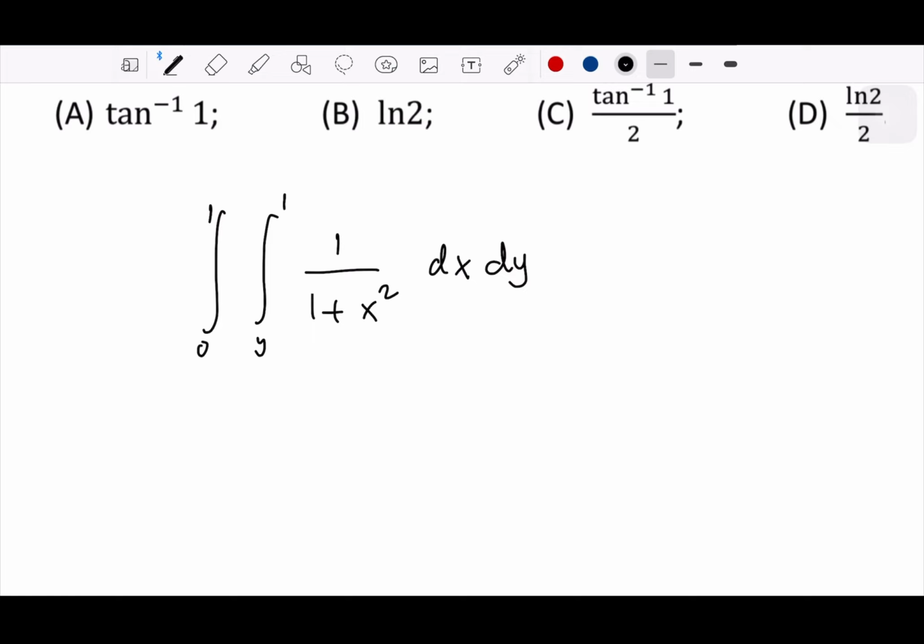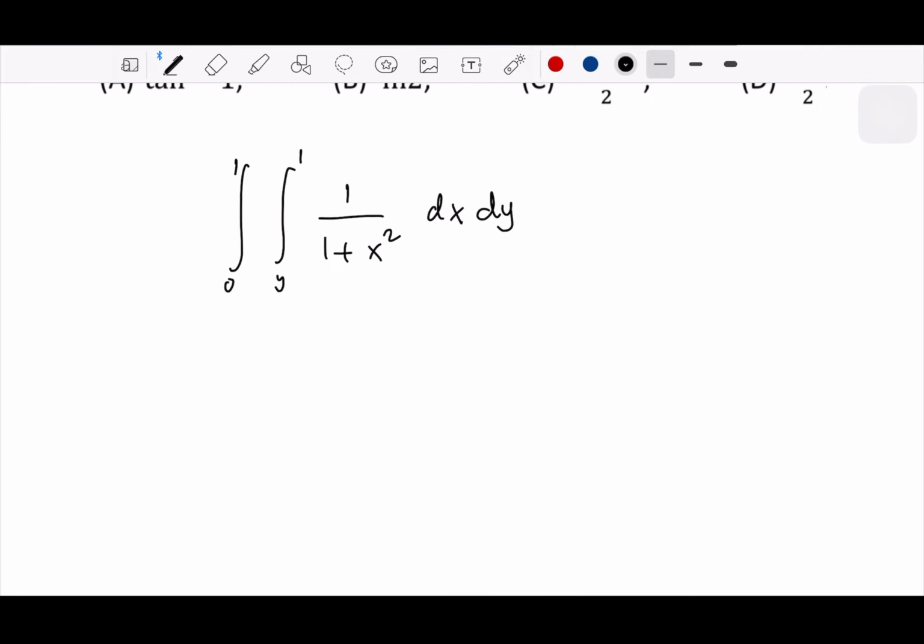Okay, I think if you look at the endpoints, we could see that this will be the interval, right?